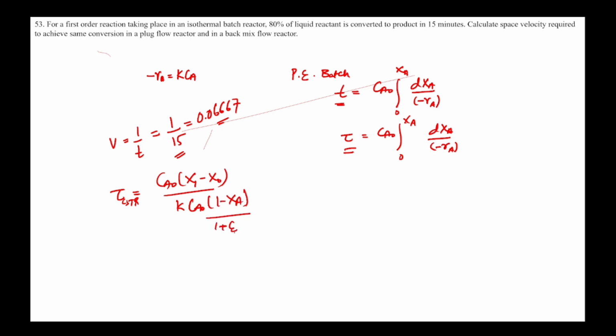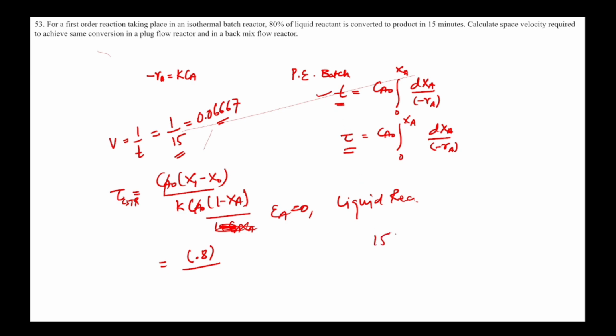The factor 1 plus epsilon A XA will not come because epsilon A is equal to 0, since the reactant is liquid. So CA naught and CA naught cancel out. X1 is 0.8, the converted fraction of feed. We need to find k with this equation.